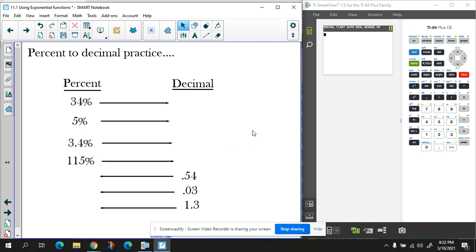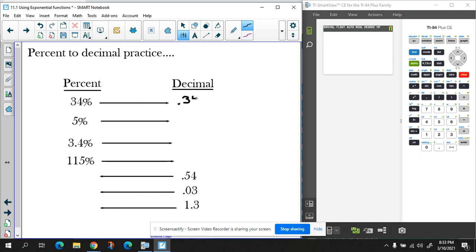Let's refresh our memory on how to change percents into decimals and how to change decimals into percents. To change percents into decimals, you want to make sure to divide by 100, which essentially moves the decimal 2 places to the left.